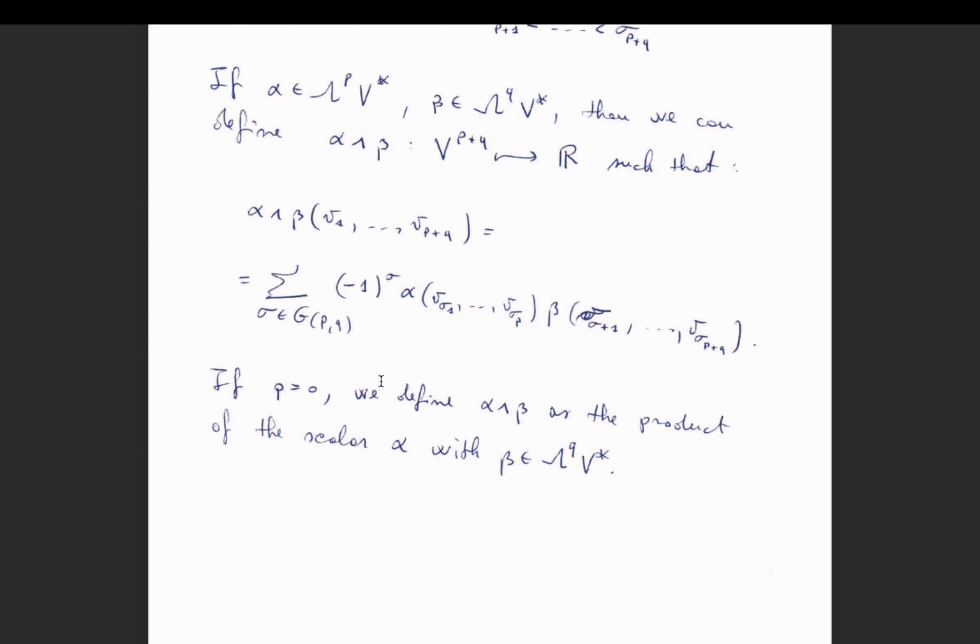So we have this definition. If p is equal to 0, then alpha wedge beta is just the product of the scalar alpha with the form beta.